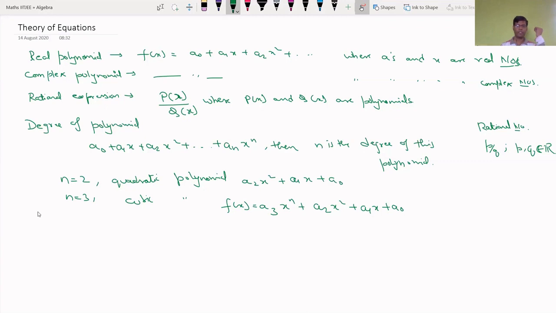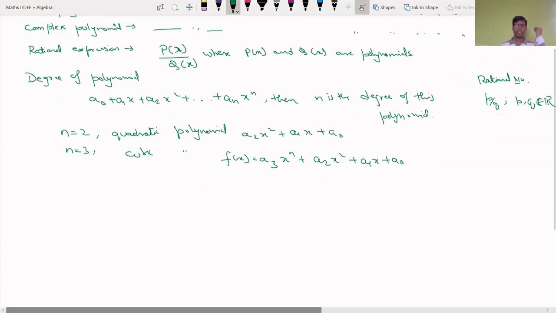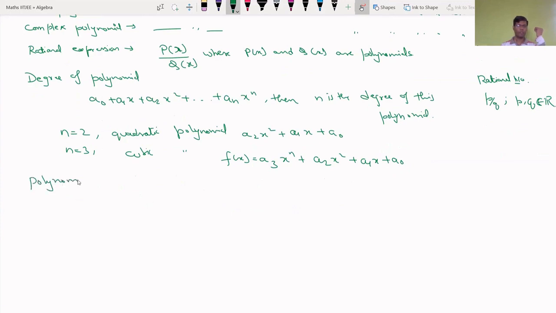Then we have the next definition, that is a polynomial equation. When I say f of x is equal to a2x square plus a1x plus a0, this is a quadratic polynomial. But when this polynomial expression is equal to some value, say 0 or some other value, then it becomes an equation.